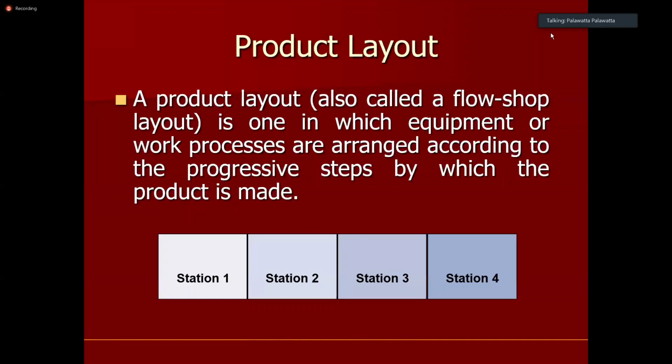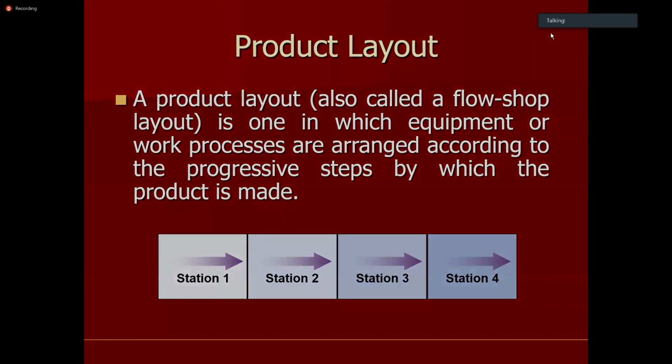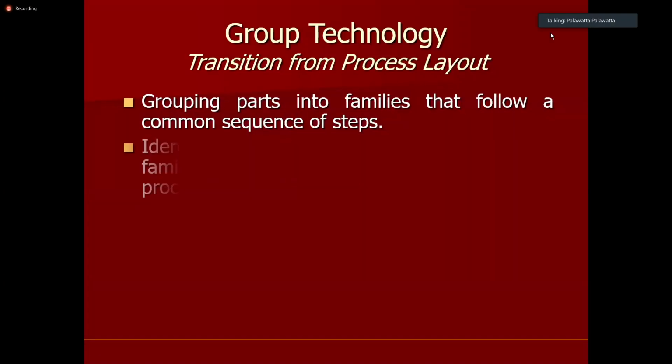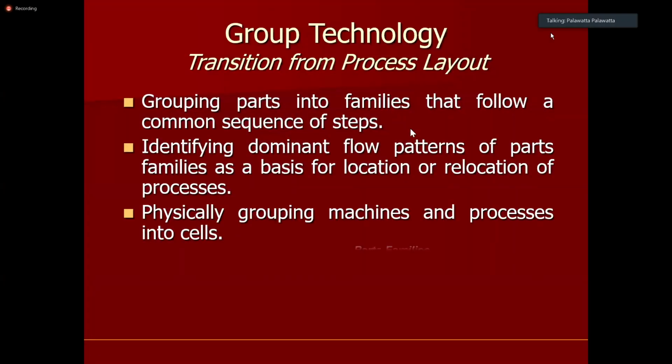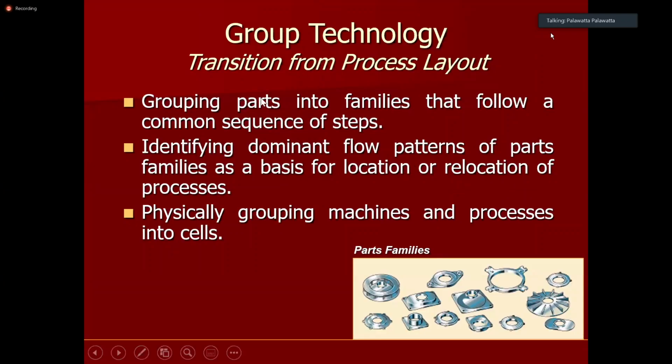Here you have station 1, 2, 3, 4. So this is a sequential line, an assembly line. Okay. And then group technology is a transition from process layout.